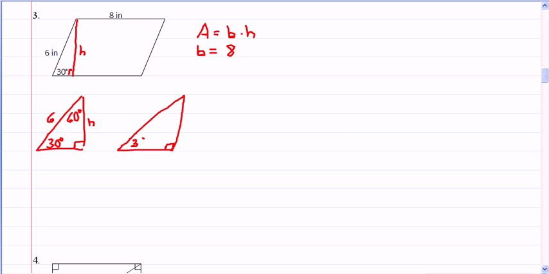So in the 30, 60, 90 triangle, the side across from the 30 is equal to x, the side across from the 60 is equal to x root 3, and the hypotenuse, or the side across from the 90, is equal to 2x.